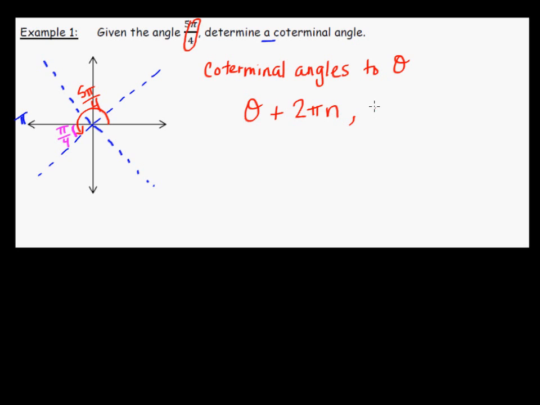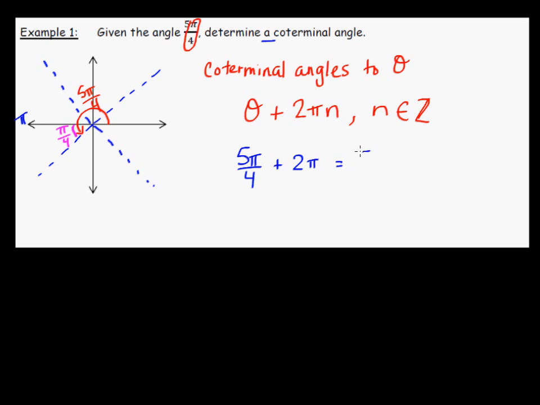Okay, so this is for n values that are integers. So this fancy Z represents the set of integer numbers. So a coterminal angle for 5 pi by 4, one possibility would be starting with the original angle and adding 2 pi, or in other words, using the integer n equals 1.